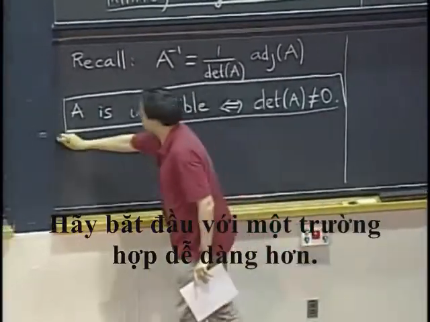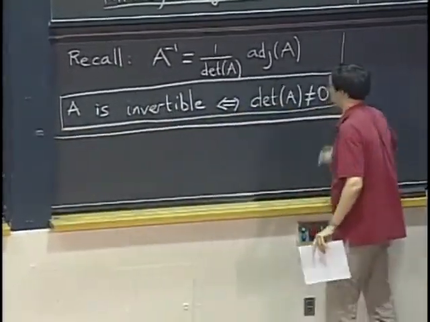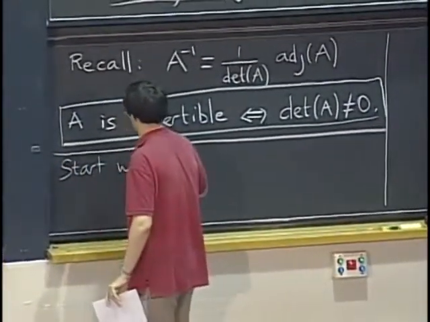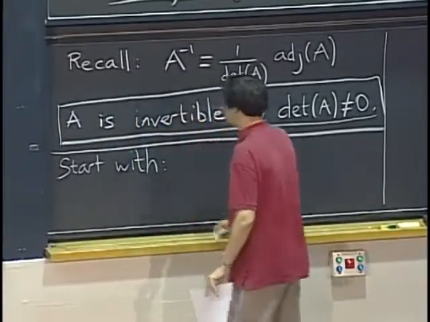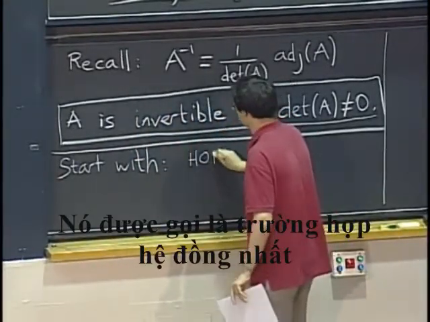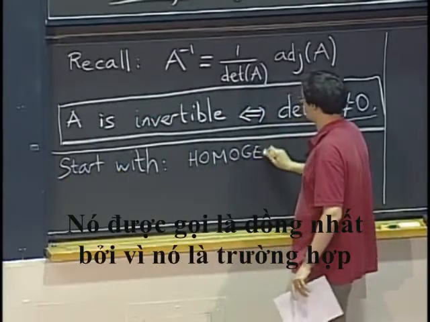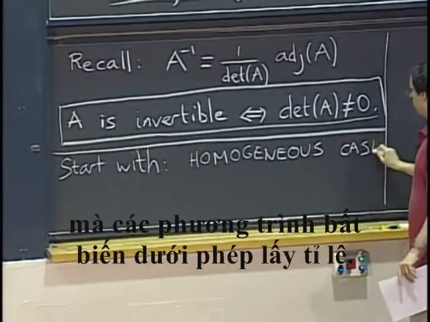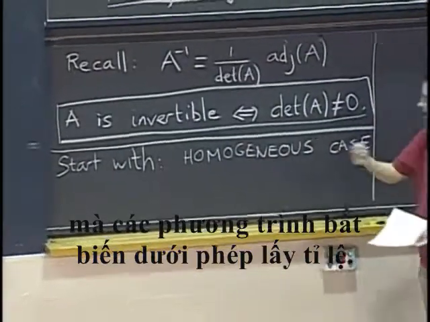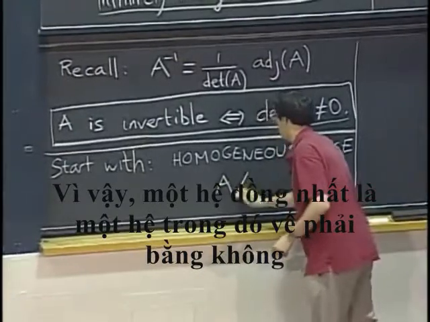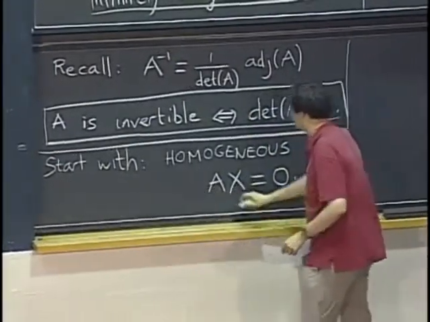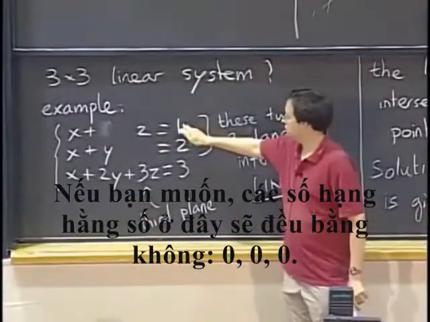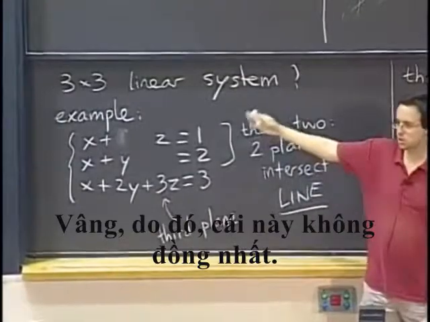Let's start with an easier case, the case of a homogeneous system. It's called homogeneous because it's the situation where the equations are invariant under scaling. A homogeneous system is one where the right-hand side is 0. There's no b; the constant terms are all zeros. So this one is not homogeneous.